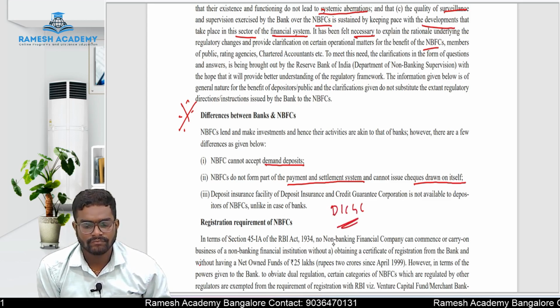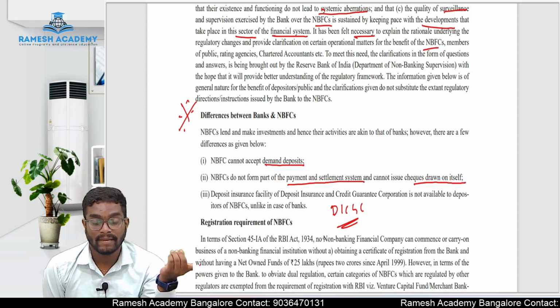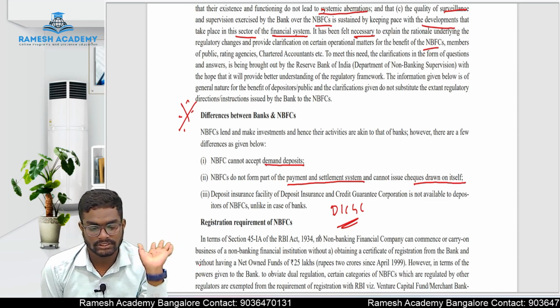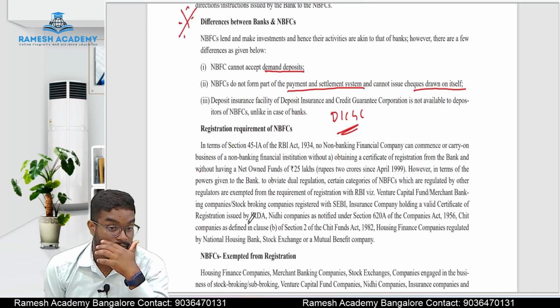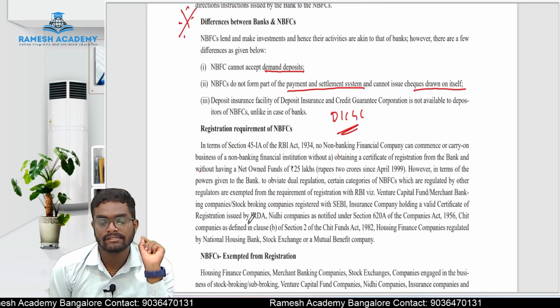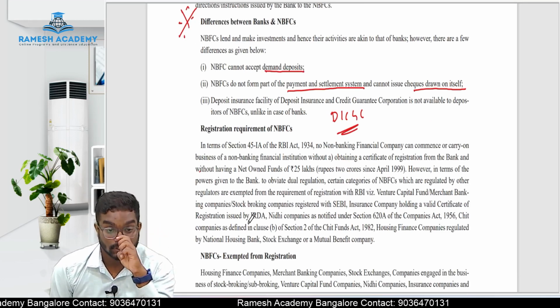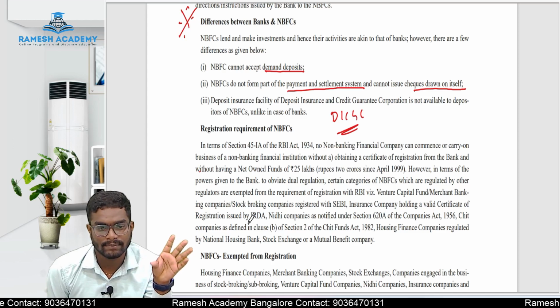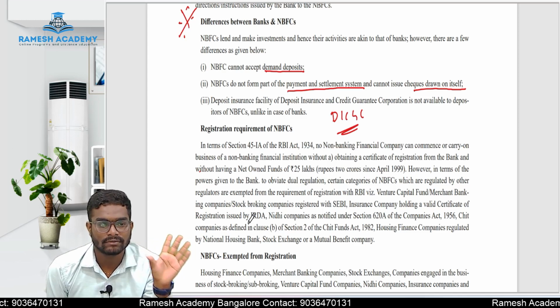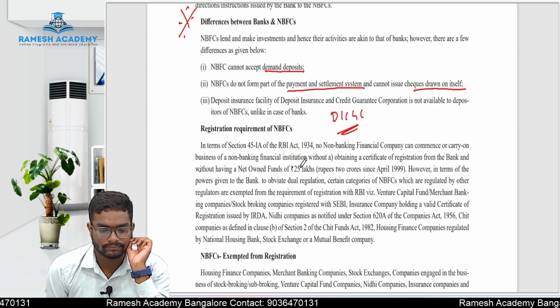DICGC insurance, which is available to the banking business, is not available to these NBFCs. So better keep deposits in the nationalized banks or the private banks where DICGC is available, because we can't take a call on banking business, it may go down any time, but if you are having insurance on that, well and good, you will get your amount back.